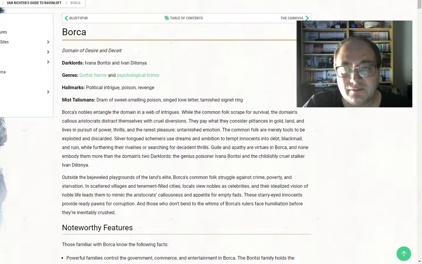It's fine. I think you could use it as a setting for a pretty fun political campaign. As a domain of horror, I wasn't totally convinced. But I think you could do stuff with this domain. It's just not exactly what the book presents it as, if that makes sense.